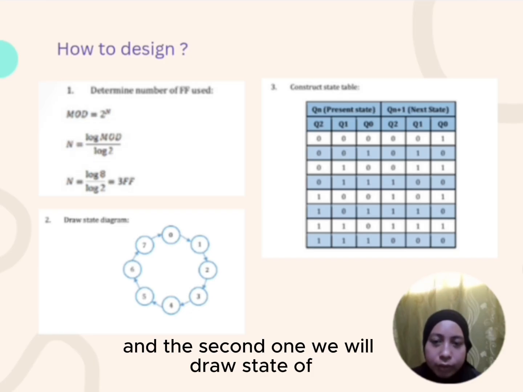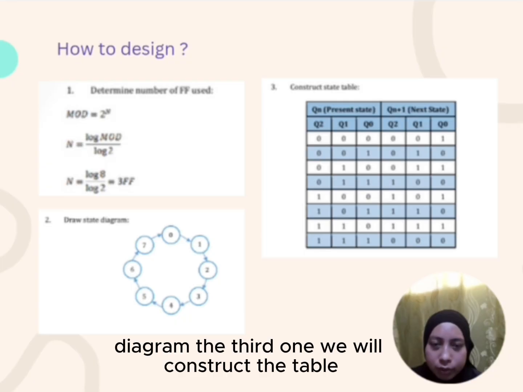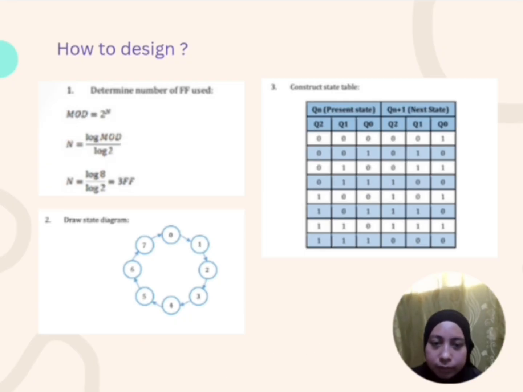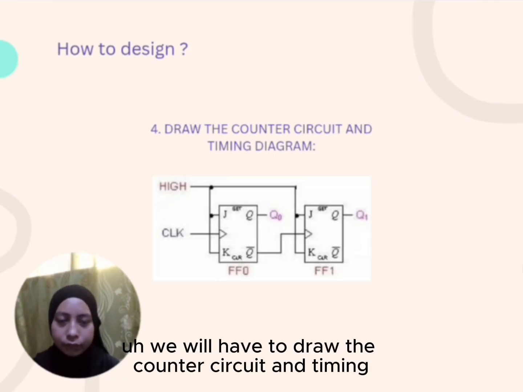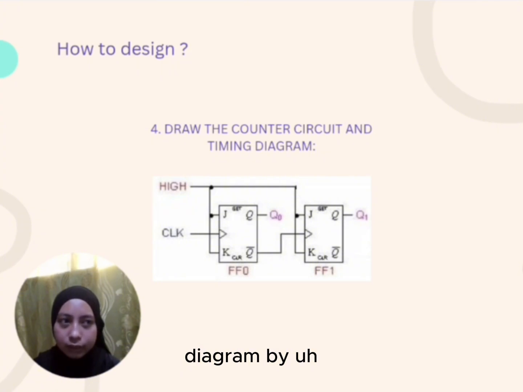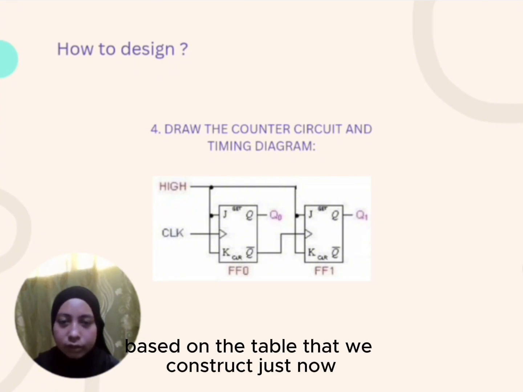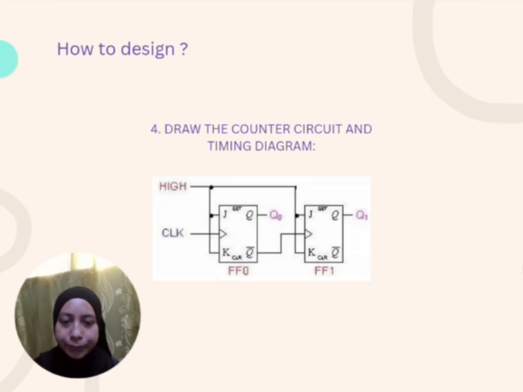The second one, we will draw the state diagram. The third one, we will construct the table. The fourth one is we have to draw the counter circuit and timing diagram based on the table that we constructed just now.